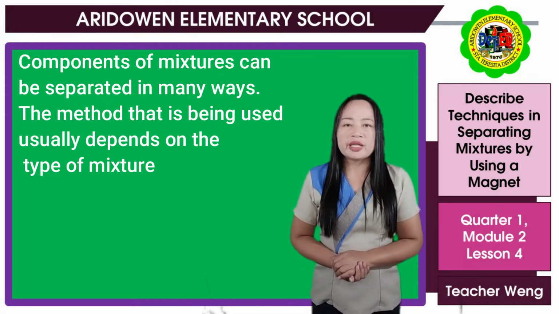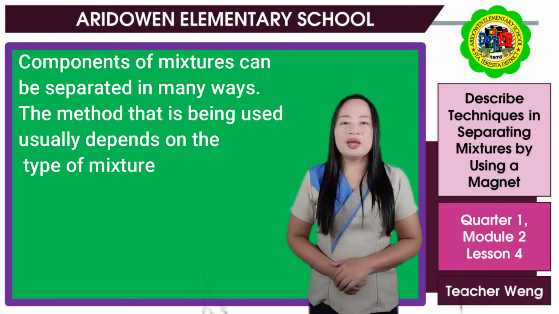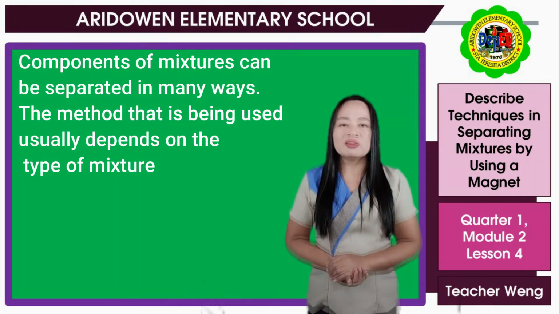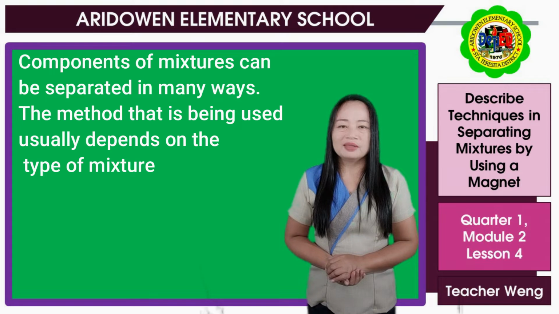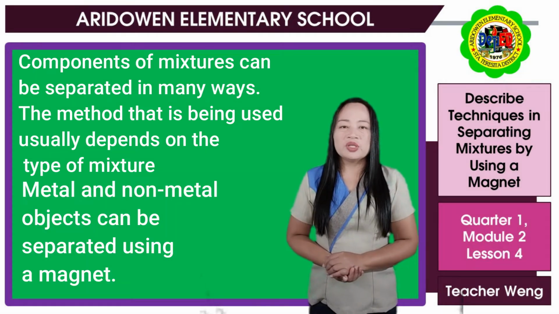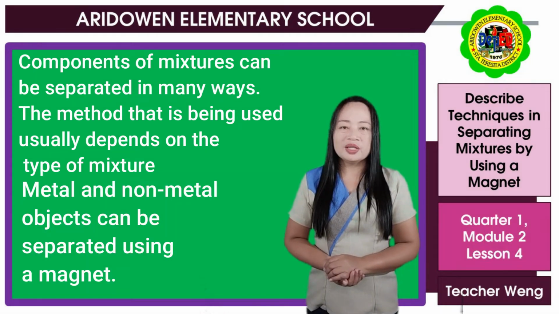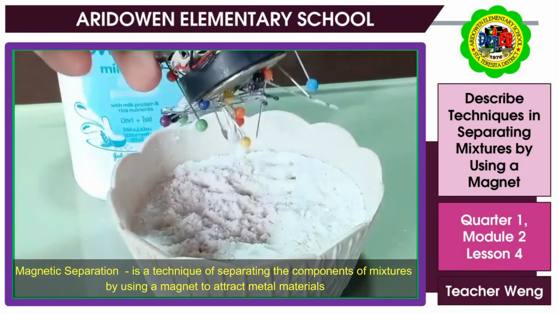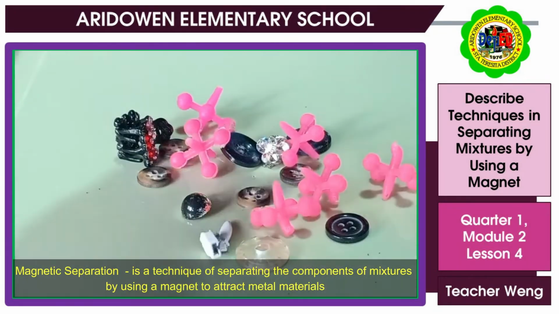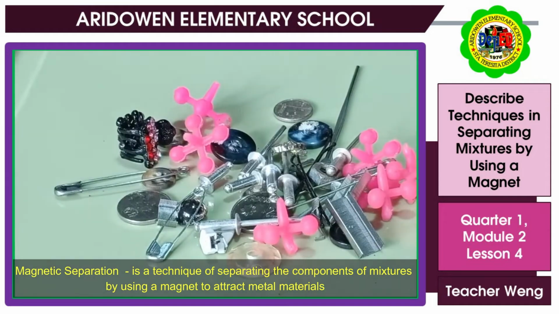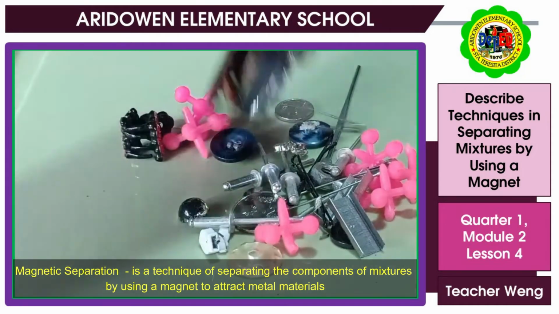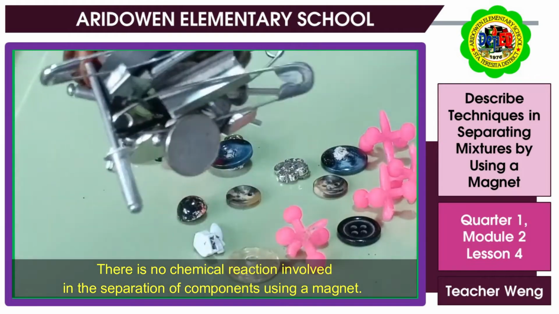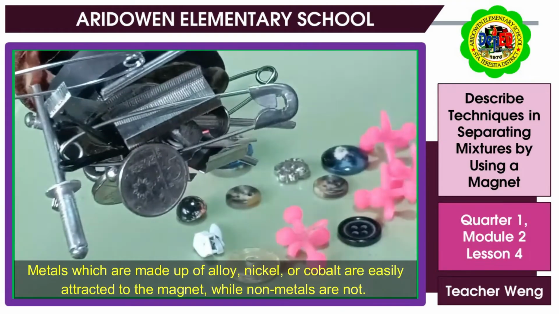Components of mixtures can be separated in many ways. The method that is being used usually depends on the type of mixture. Metal and non-metal objects can be separated using a magnet. Magnetic separation is a technique of separating the components of mixtures by using a magnet to attract metal materials. There is no chemical reaction involved in the separation of components using a magnet.